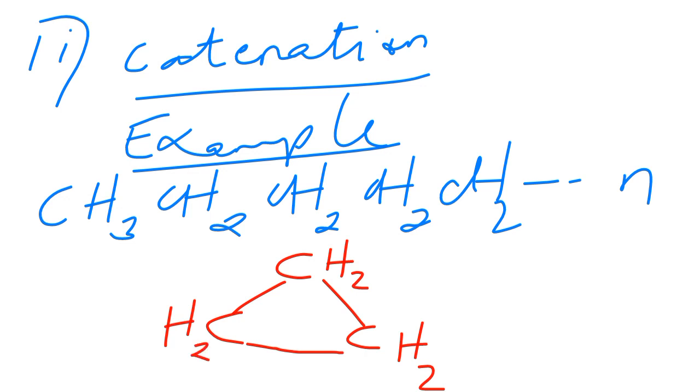So from this one, this is cyclopropane. So the ability of forming the cyclic form or the longest chains of carbon atoms, this is what we call catenation. Now we're going back to the third property.